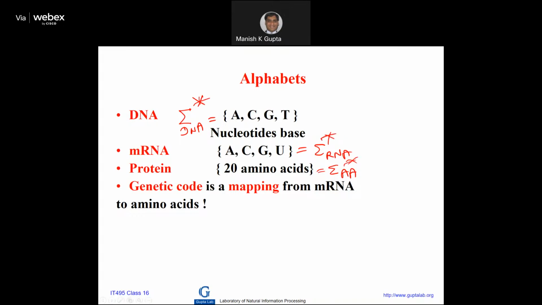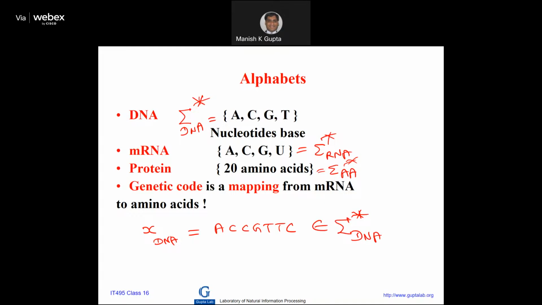The star means strings of any size, right? So suppose I take A, C, C, G, T, T, C. This is our x DNA, which belongs to sigma DNA star, right? I've taken some string. Then what happens?